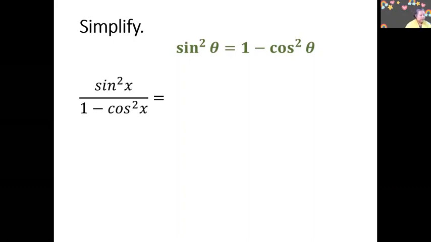The basics of basics, the Pythagorean trig identities, right? So as we can easily connect the denominator 1 minus cosine square of x equivalent to sine square, then we can simply rewrite it.